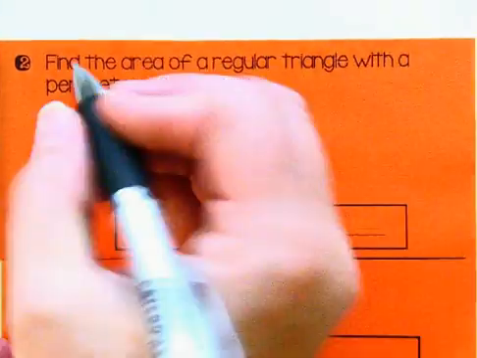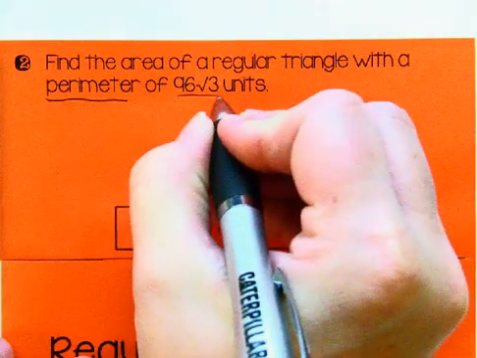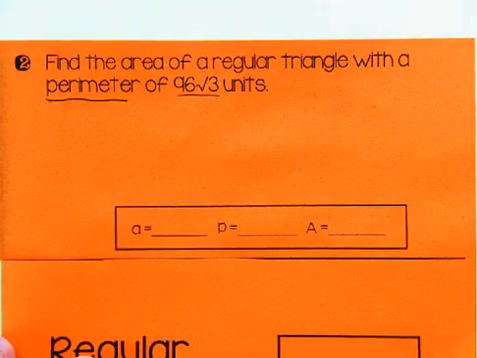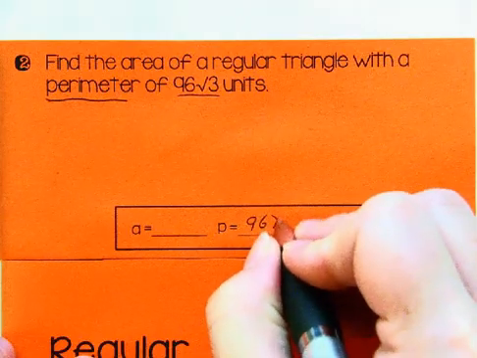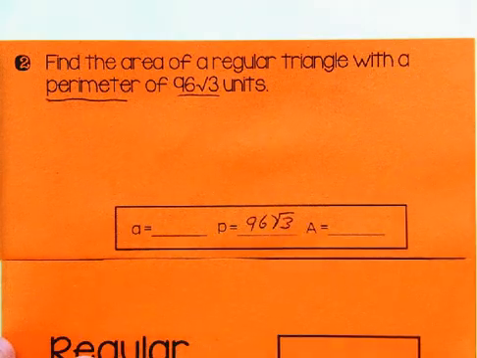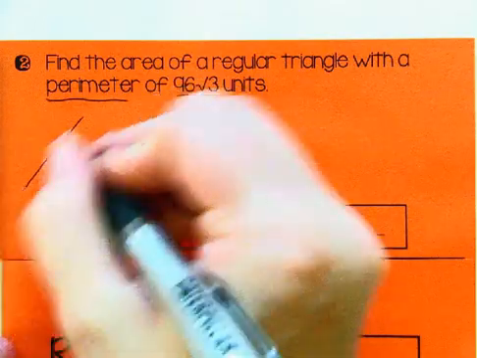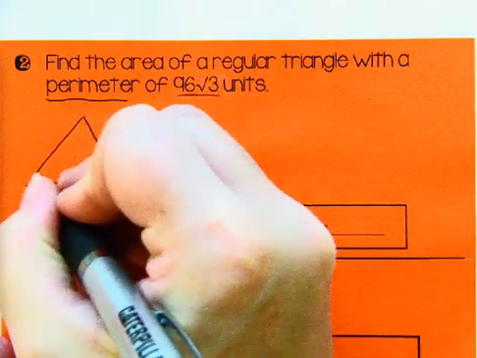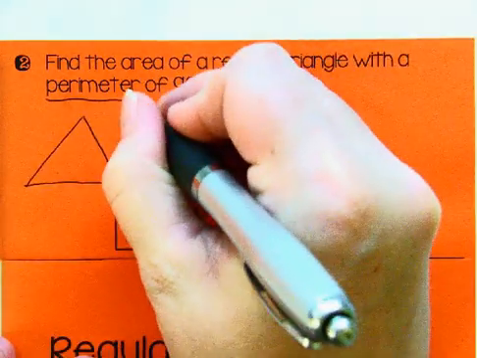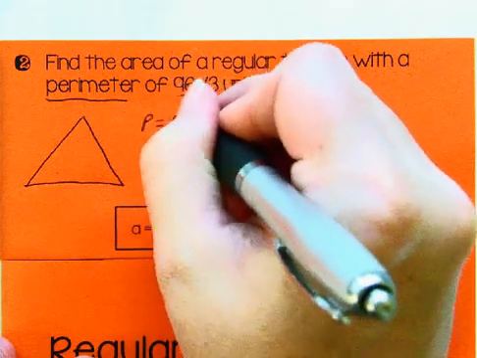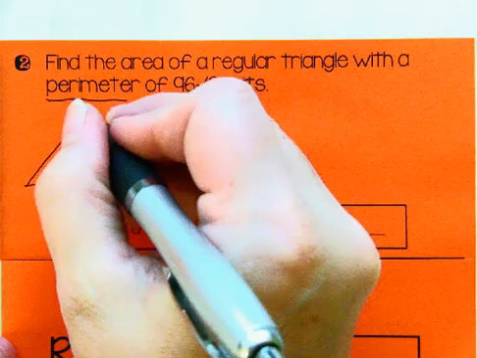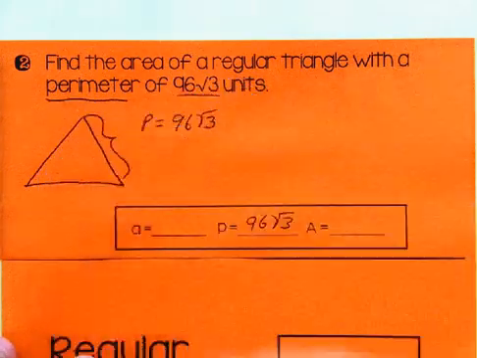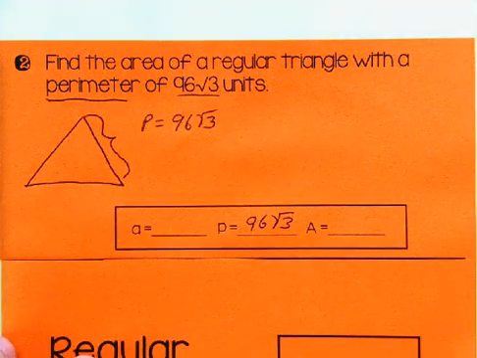This time they give us a perimeter of 96 square root of 3. So we can go ahead and fill that in. I'm going to draw my picture. If the perimeter equals 96 square root of 3, to figure out one side, I'm going to divide by 3.